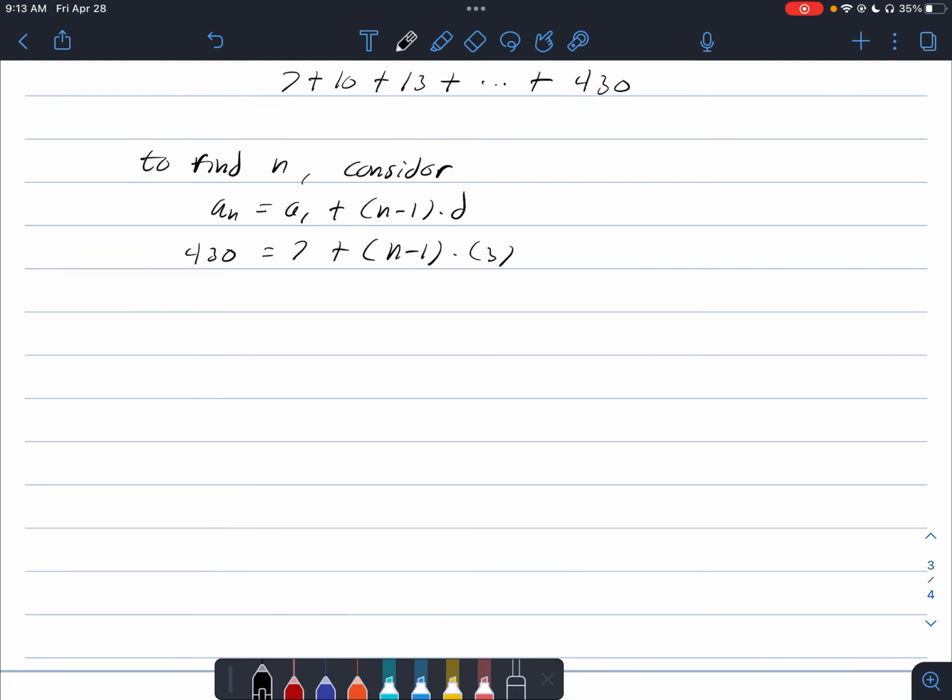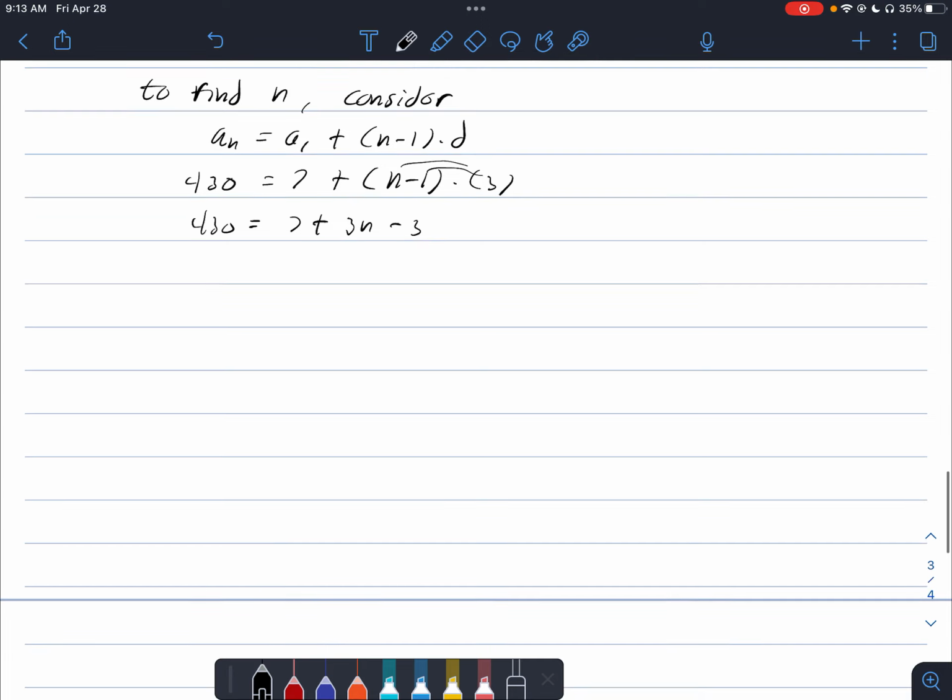So we'll have 430 is equal to 7 plus, if we distribute this 3 to the n and to the negative 1, we'll get plus 3n minus 3.